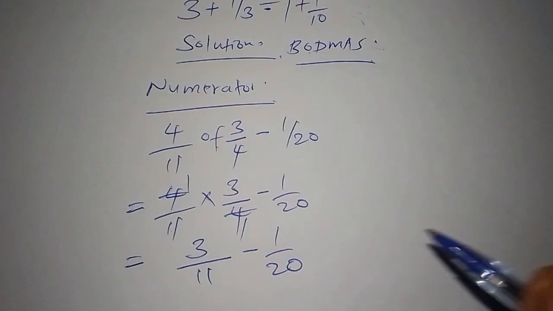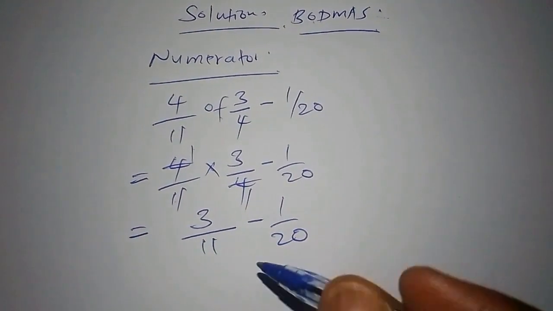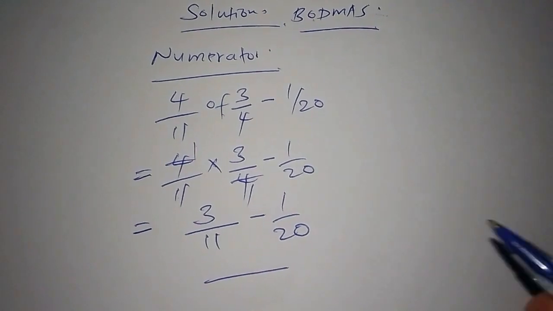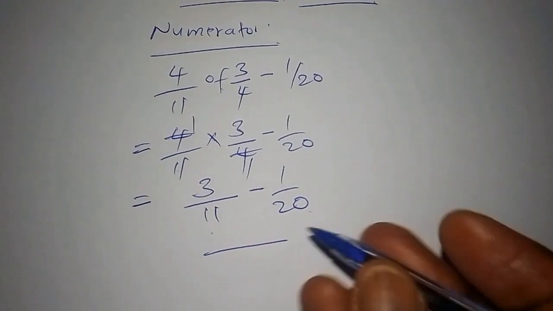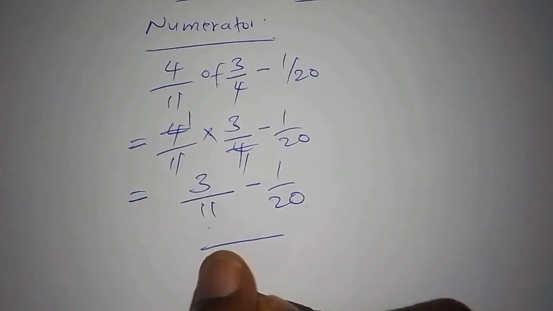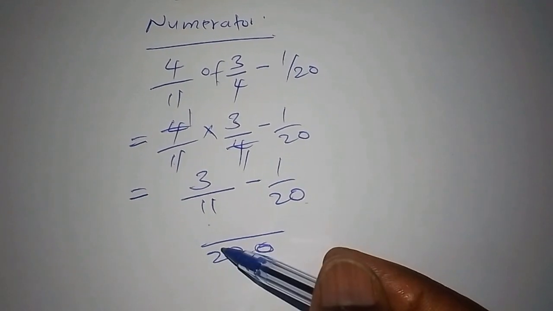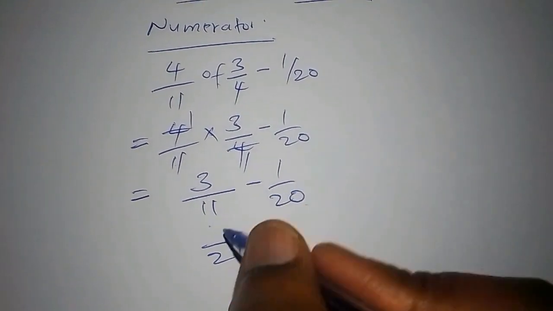Now we have the subtraction part of it. So we need to subtract. For us to subtract, we have to work out the LCM of 11 and 20. And the LCM, maybe for your side, you've got it as 220. So 11 goes into 220 how many times? 20 times, and 20 times 3 is 60.